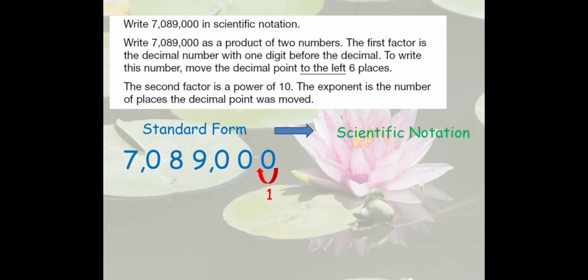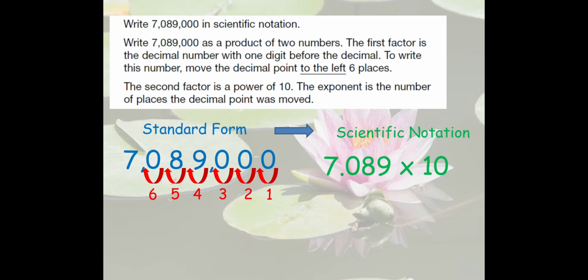So you see we're going to move 1, 2, 3, 4, 5, 6. So we move back 6 spaces and we place the decimal point behind the 7, meaning to the right of the 7. So 7.089 will be our coefficient, multiplied by 10, which is the base, and that never changes.